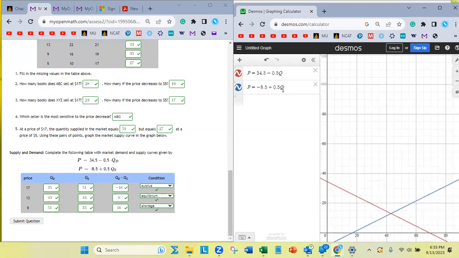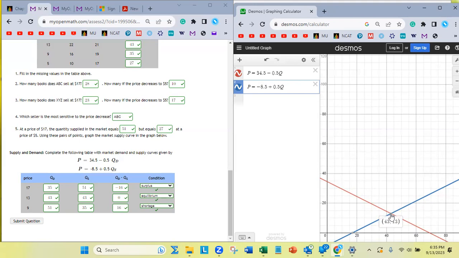Okay, so the blue equation is the blue upward sloping line. The red equation is the demand curve, the downward sloping line, right? And guess what the equilibrium is? You can just click on their intersection. 43 and 13, right?